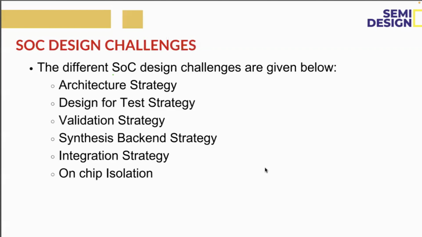Next, what are the different challenges in the SOC? So these are the different challenges in the SOC, like architecture strategy. We need to make an architecture strategy: what type of processor we need to design the SOC for in real time, what kind of bus implementation, what type of control signal implementation.